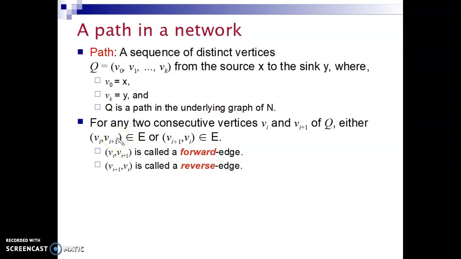We will just disregard the directions. If the direction of the edges is followed, then this edge will be called a forward edge. If we cross an edge on the opposite direction, then we will call this edge a reverse edge. Remember, we're talking about a path Q.